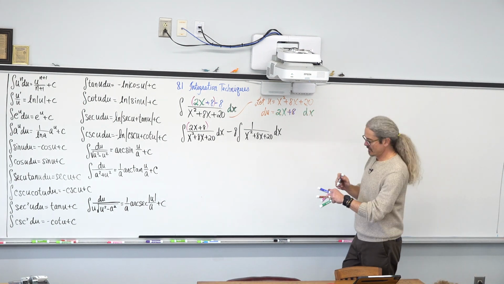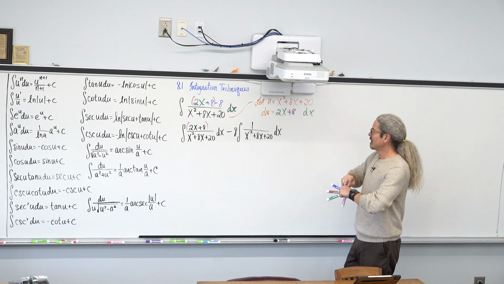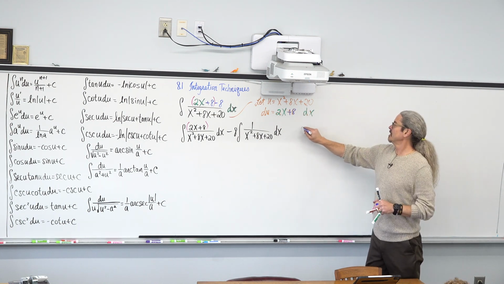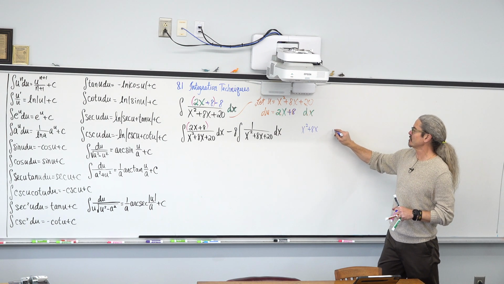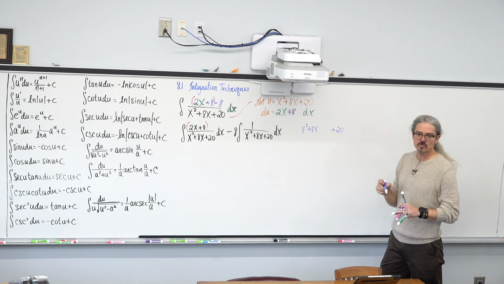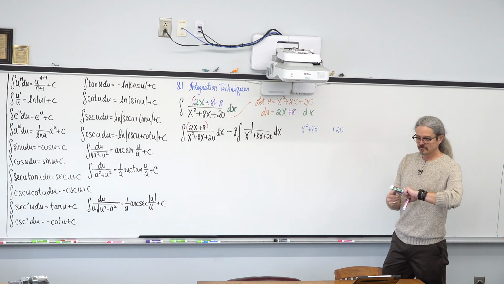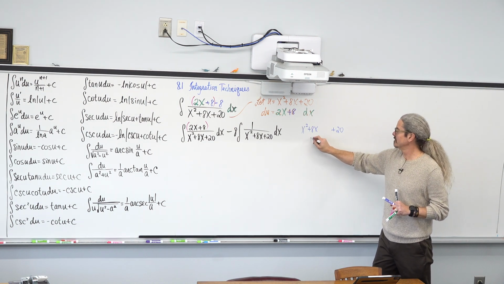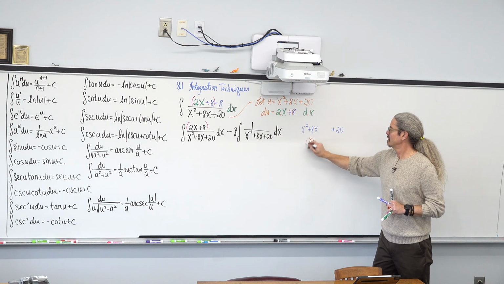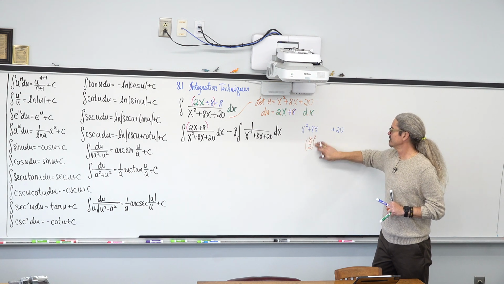So on the side here, I'm going to do x squared plus 8x, leave some room for completing the square, plus 20, and take half of b and square it.